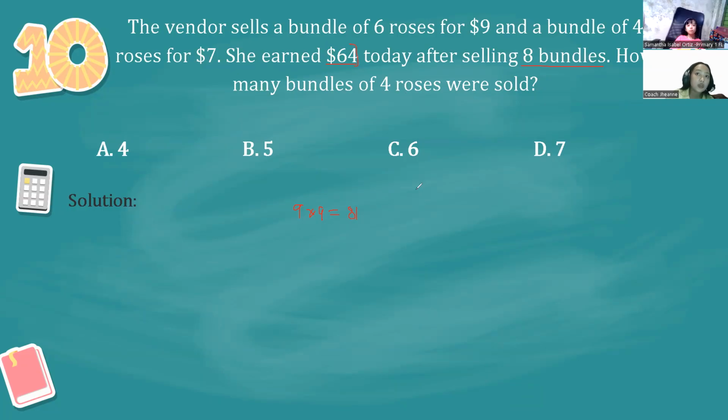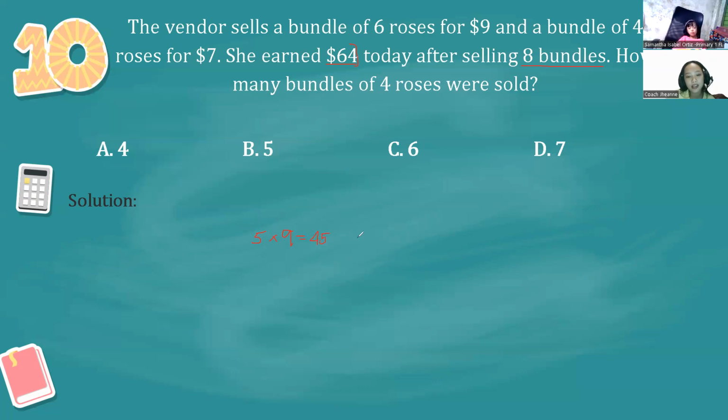So let us assume we have five bundles of 6 roses multiplied by its price, which is 9. We have 45. All right.